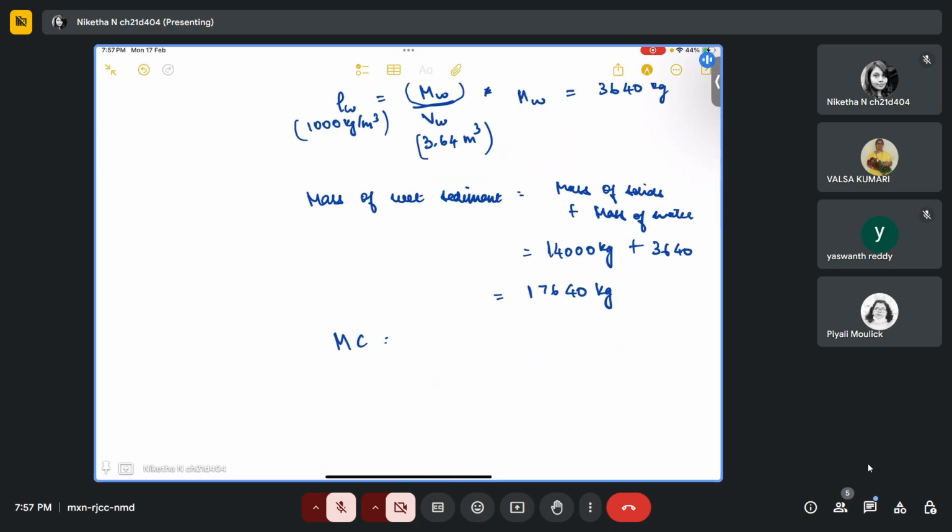So the moisture content is equal to the mass of water, which is 3640, divided by 17,640.